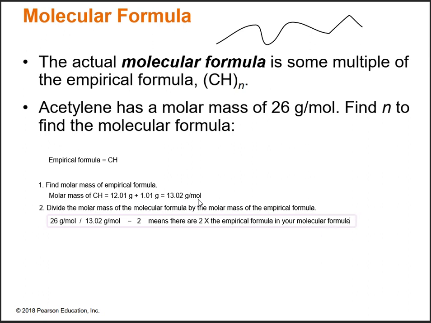So you have 2 times your empirical formula. Well, you multiply everything by 2. That comes to C2H2.